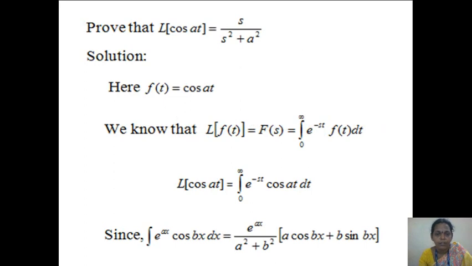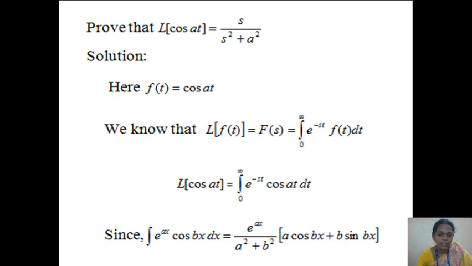Similarly, we can prove L of cos at is equal to s divided by s square plus a square. Here f of t value is cos at. Next, substituting f of t equal to cos at in the Laplace definition, we get L of cos at equal to the integral from 0 to infinity of e power minus st into cos at into dt.